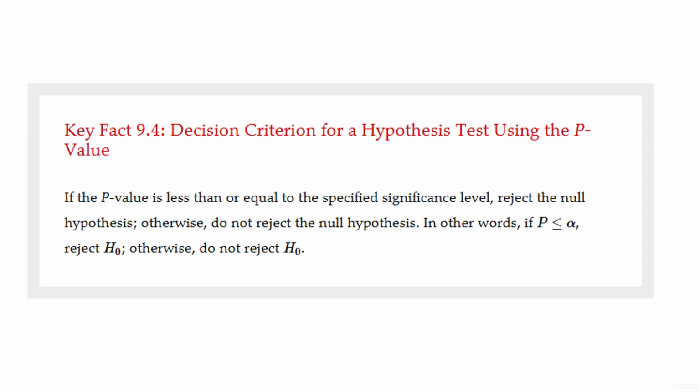So in fact, when you're looking at that example, the null hypothesis can be rejected at any significance level of at least 0.07 and cannot be rejected at any level less than that. So the p-value of a hypothesis test is equal to the smallest significance level at which the null hypothesis can be rejected. And this is the decision criterion for a hypothesis test using the p-value. If the p-value is less than or equal to the specified significance, reject the null hypothesis.